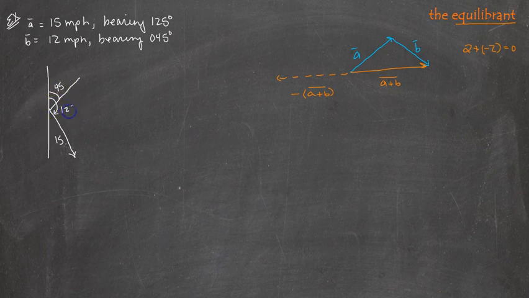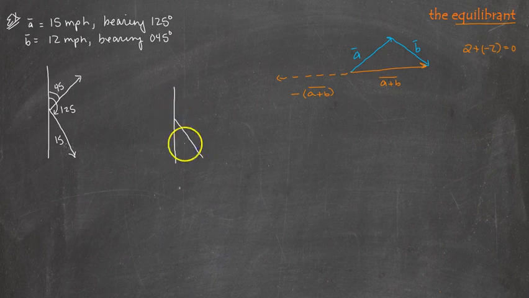So first we have to figure out what the resultant vector is, and from that point, we'll figure out what the equilibrant vector is.